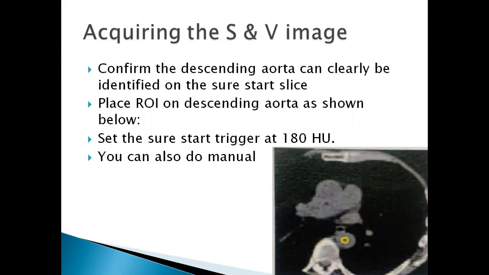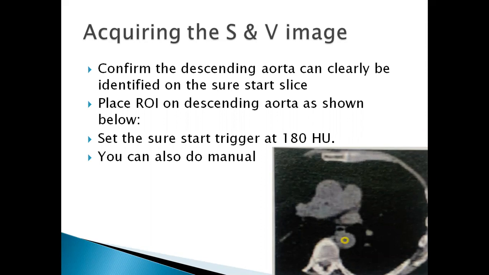However, I've come across literature that has suggested the left atrium and ascending aorta, but we have not tried this. We use our descending aorta and we set our trigger at 180 Hounsfield units.